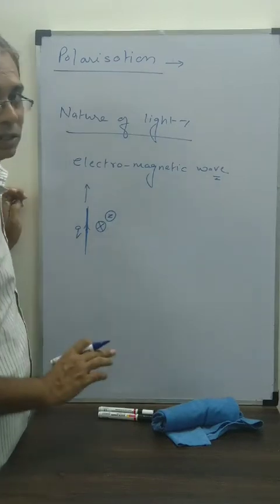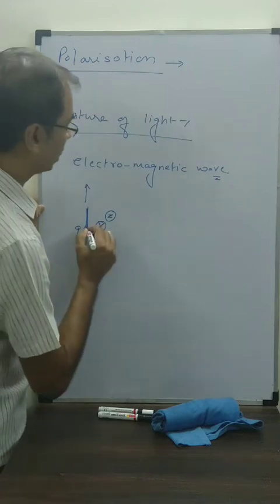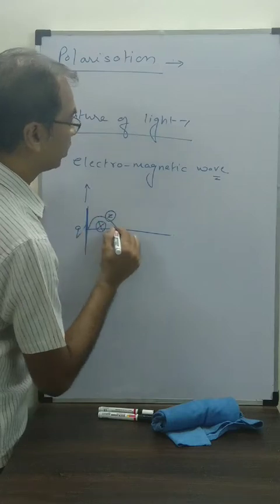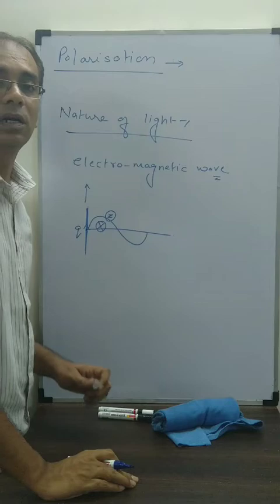Since the charge is oscillating along the y-axis, the energy can be propagated along the x-axis, similar to what we studied in a string.